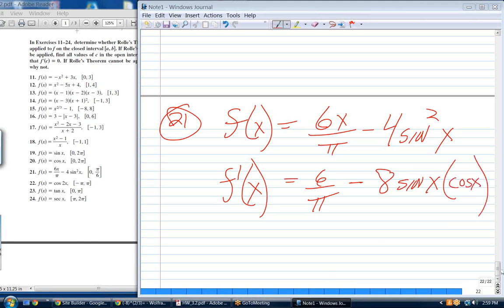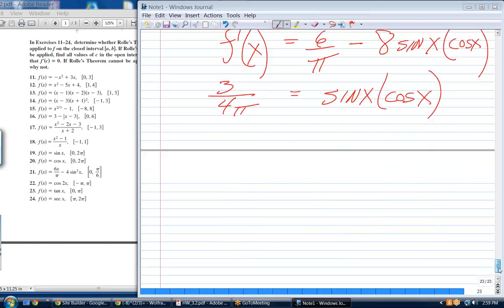So now we merely have to solve that. That's not the easiest thing to solve. Or is it? Let's see. We end up getting sine x cosine x equals 3 over 4 pi. See how I got that far? Yes, I do. Okay.